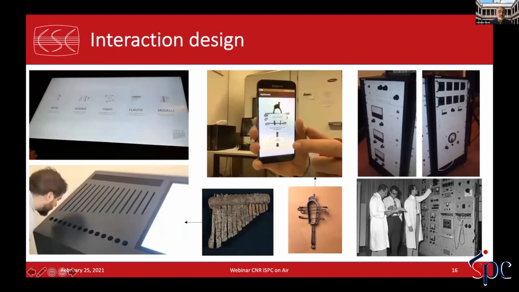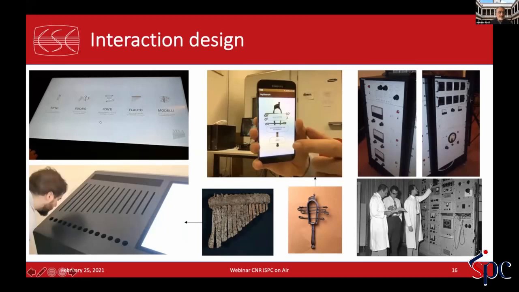Models and sound simulations can also be used to enhance the access to these instruments, and digital technologies offer many possibilities for interacting with the instruments. Here you can see a couple of examples coming from previous projects.